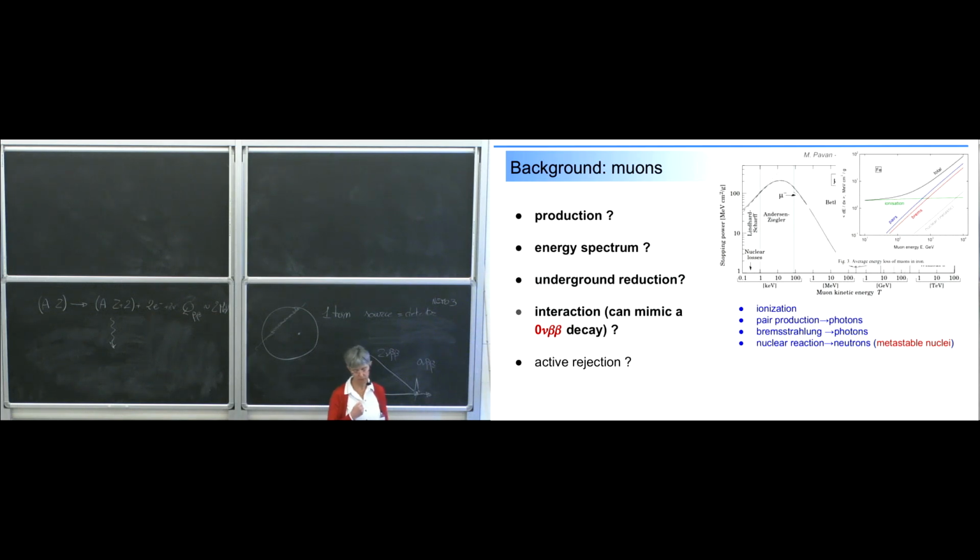How can we get rid of these residual muons? I mean, once I'm underground, what can I do? It's a problem.